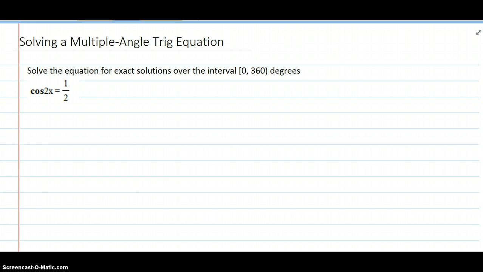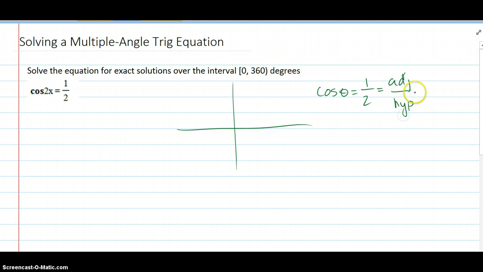Usually we do not have, in the past sections, a double angle here. We would just say cosine of some angle is 1/2. And we know that if cosine of some angle is 1/2, cosine is adjacent over hypotenuse, or x over r.